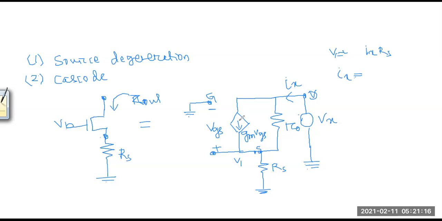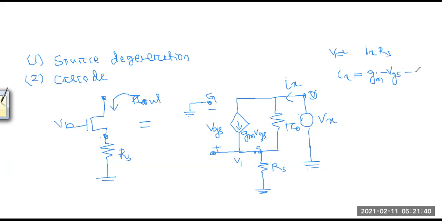So now the current direction should be like this. Okay, now we are current direction in this. So Ix is equal to, this is Gm into minus Vgs, not Vgs, minus Vgs. Okay. We will replace that.